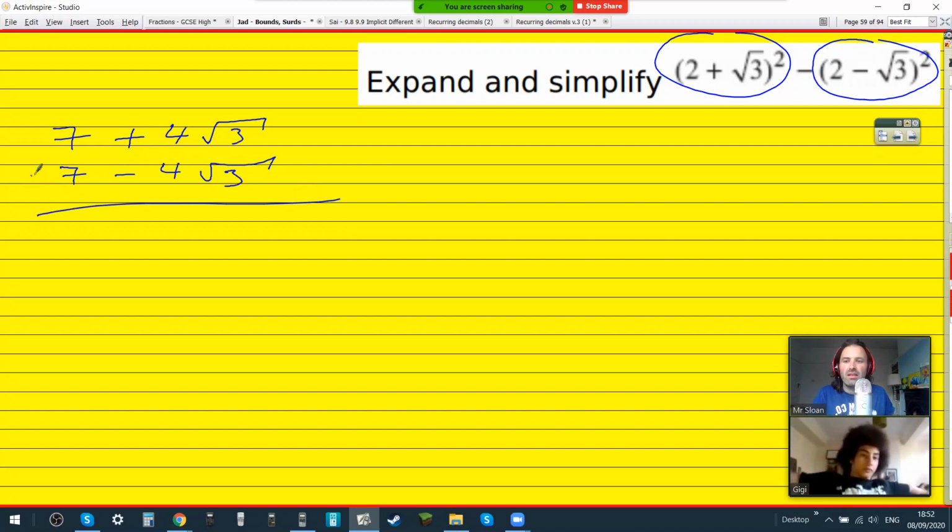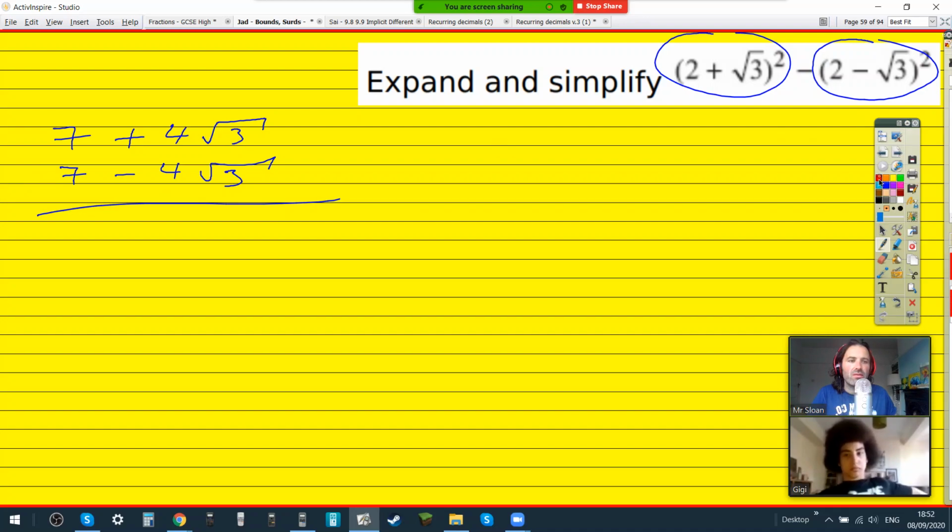All right. Any idea what you get if you subtract top from the bottom? 0. And second bit? Over 1. I'm not sure. You would get 0. 4 root 3 minus 4 root 3.